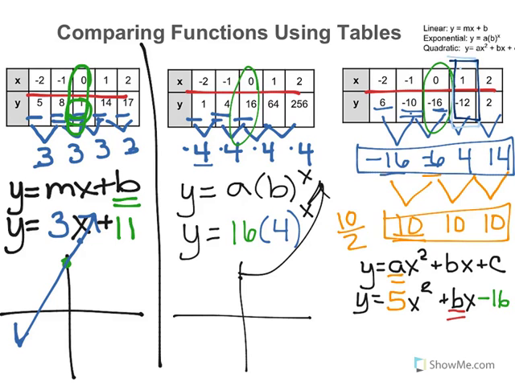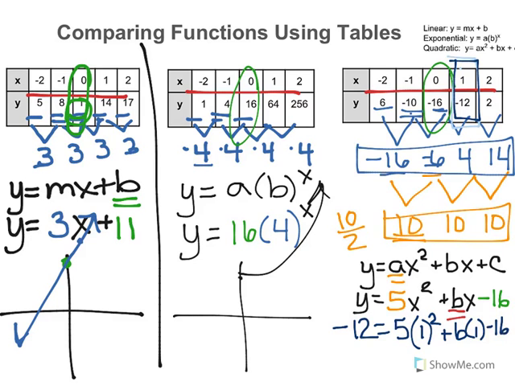So that means every time I see x, I'm substituting in 1, and every time I see y, I'm substituting in -12. So -12 equals 5 times x is 1 plus b times 1 minus 16.